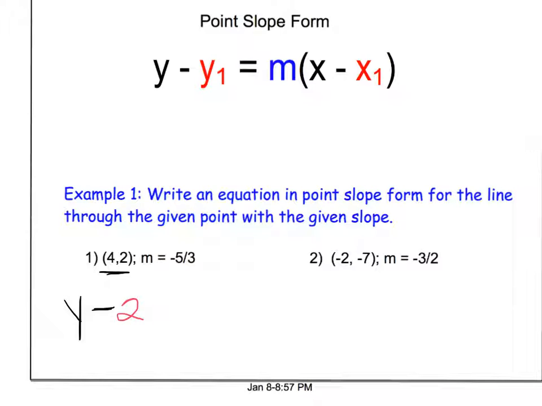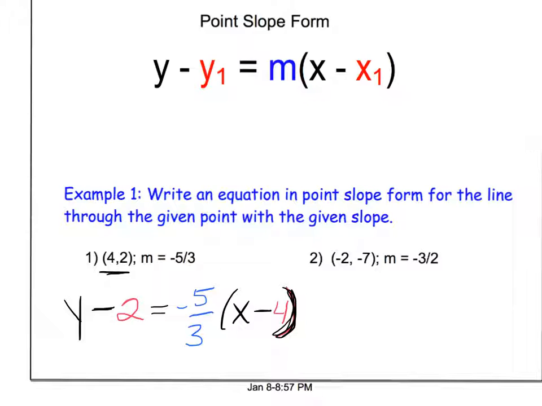That's a 2. The equal sign will always stand in between, and then m is the slope, and they gave us that, and it was negative 5/3. X will always be in your equation as well, with a minus sign following it, and x1 is the x-coordinate of the point that was given to you. And you have just written the equation in point-slope form. You're done.